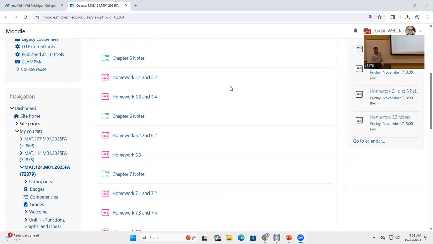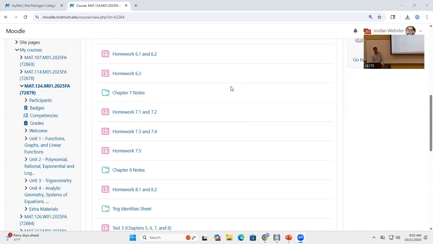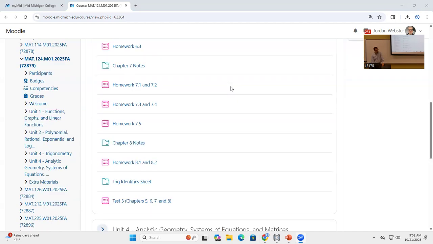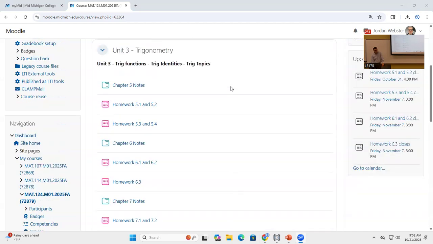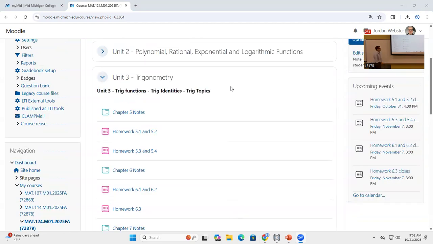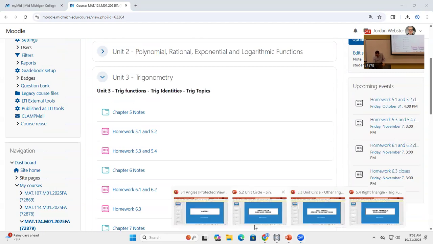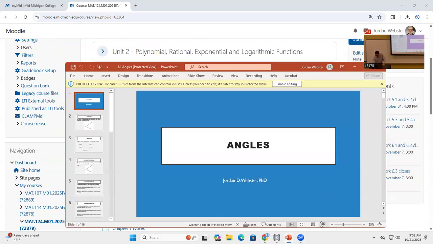This covers a lot of material. Covers chapter 5, chapter 6, chapter 7, and a bit of chapter 8 as well. So there's a lot of chapters here, but it all is dealing with the same core topics in different ways. Okay. All right. So let's get started.